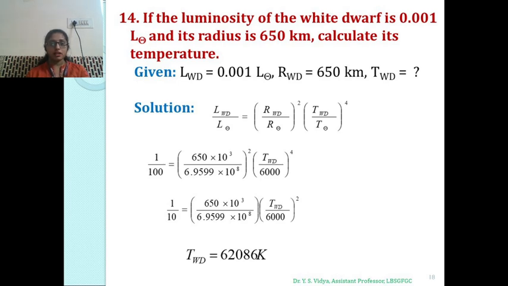Here they have given L_WD divided by L_Sun as 1 by 1000, or it is 0.001. The radius of the white dwarf is 650 km, a kilometer is 10^3 meters, and R of the Sun we know is 6.9599 × 10^8, whole squared. We have to calculate the temperature of the white dwarf divided by 6000, whole to the power of 4. By calculating all these values, we get the temperature of the white dwarf as 62086 Kelvin.